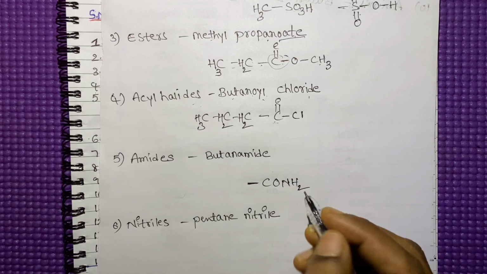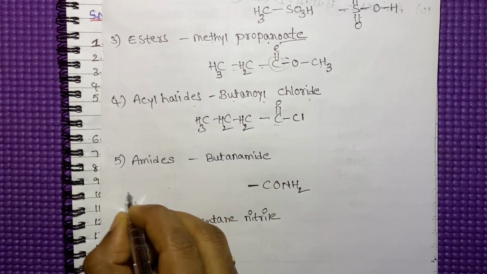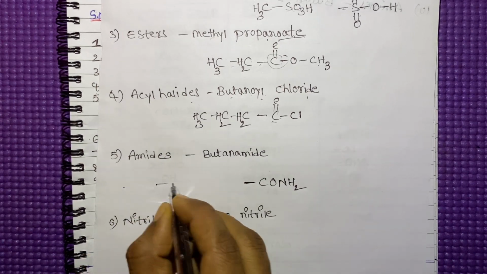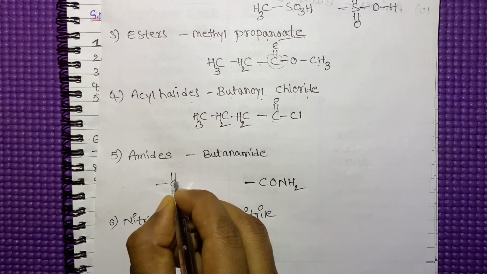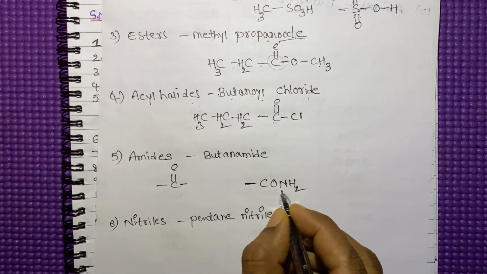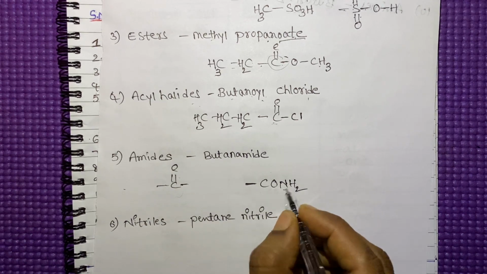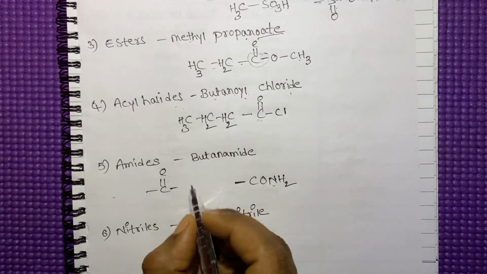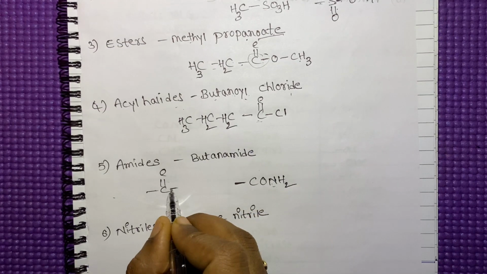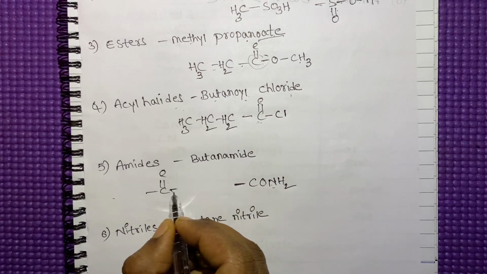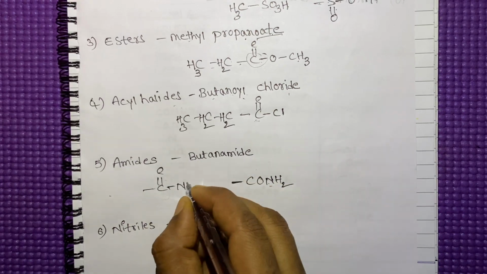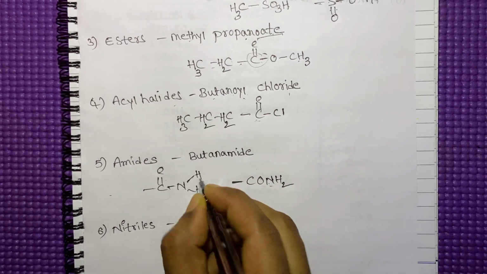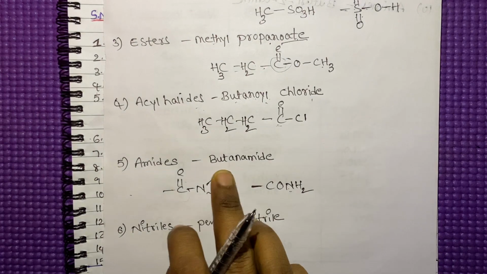See here. Here I am writing C double bond O. Nitrogen valency is 3. So nitrogen should contain how many bonds? 3 bonds. So C double bond O, NH2. This is the structure for the amides.